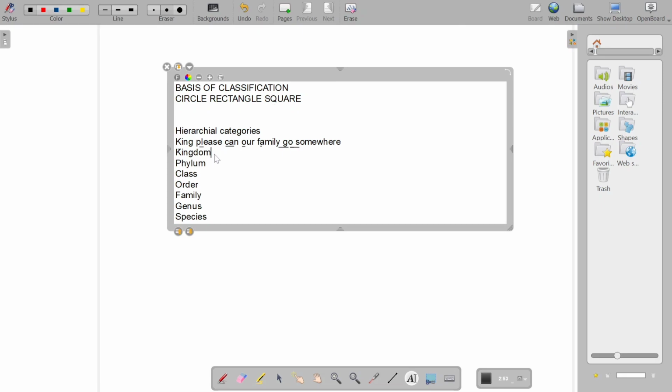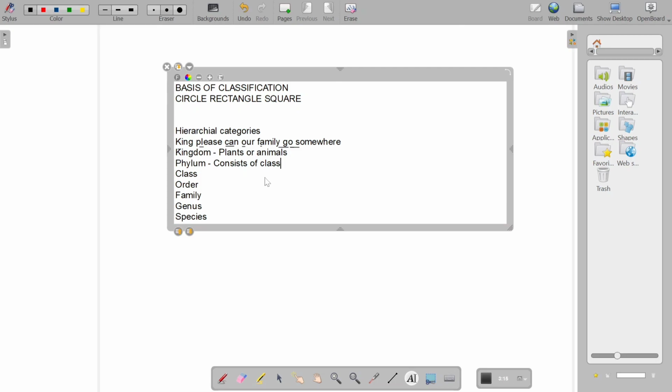Kingdom represents whether it is plants or animals. Phylum consists of many classes. That means it consists of several attributes or characteristics.